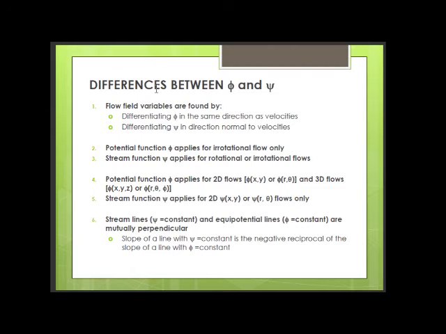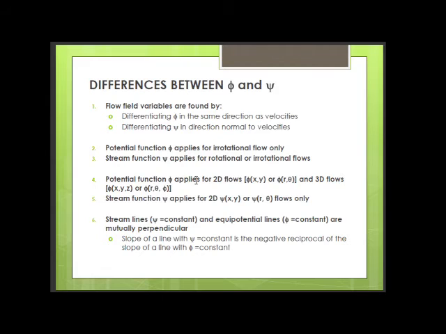Then the third point is that potential function φ is defined for both 2D flows and 3D flows, whereas the stream function applies only for 2D flows. The stream function is only defined for two-dimensional flows.